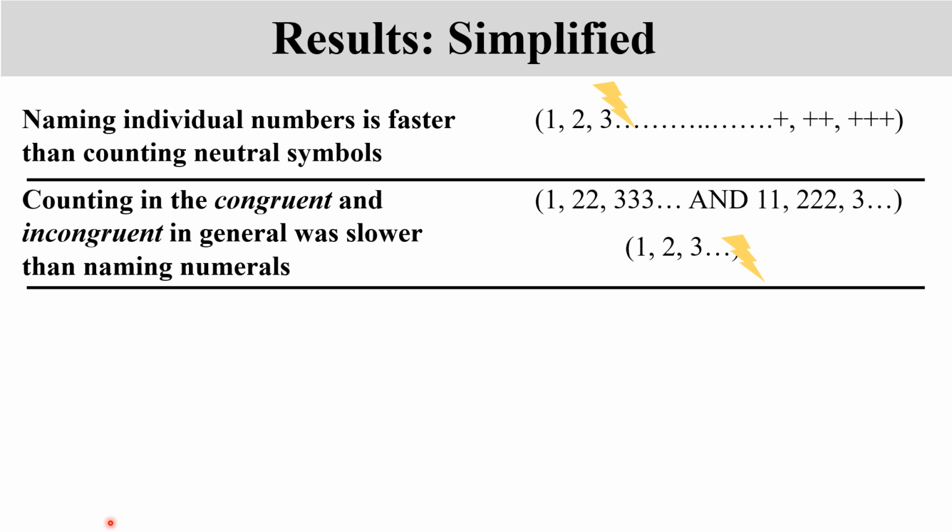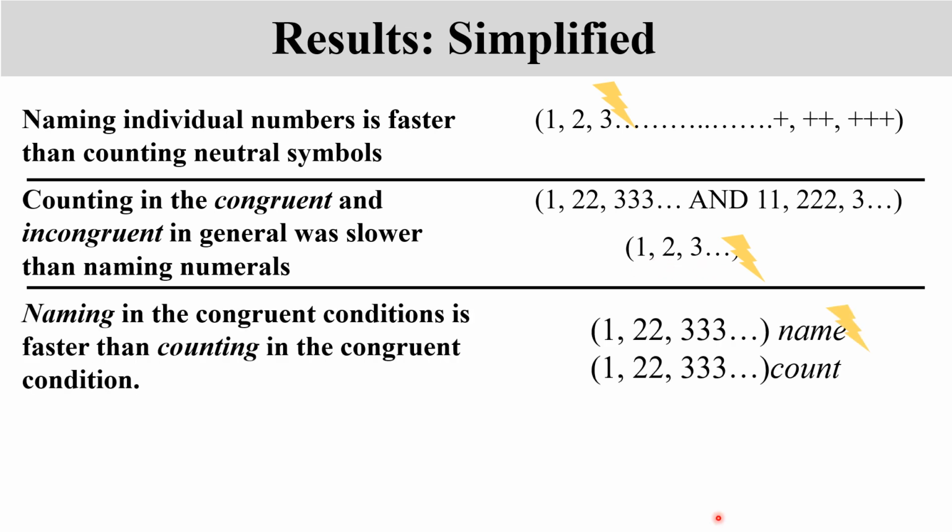So counting is always slower than reading, regardless of whether it was congruent or incongruent. Naming the numbers in the congruent condition is faster than counting in the congruent condition. So saying 1, 2, 3 is faster than saying the number of digits.